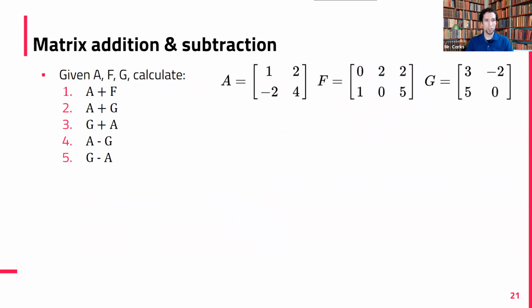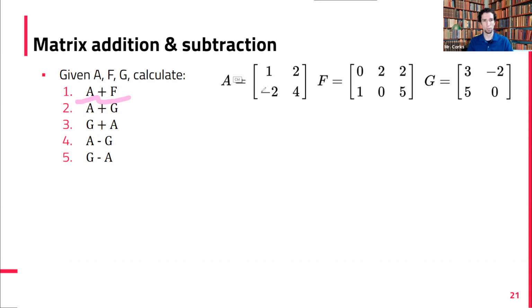Okay, addition and subtraction, and we talked about this. We had a question on this for the homework, so let's review the conditions here, and we'll go through these examples and see what happens. So matrix A plus matrix F, is that operation possible? No, it's impossible. Why?